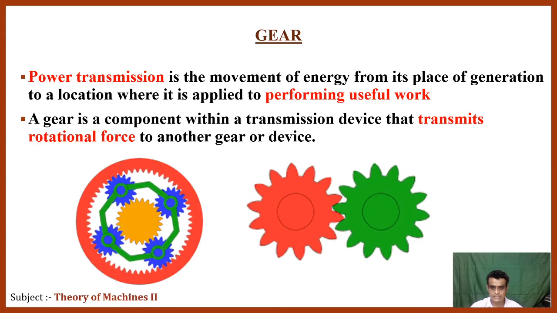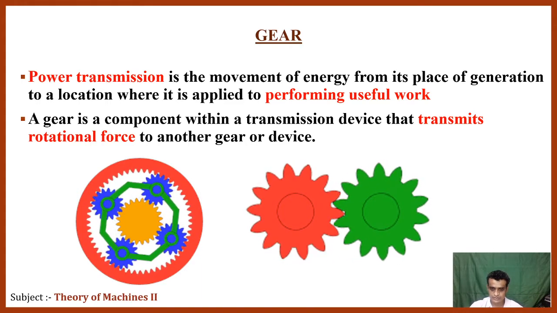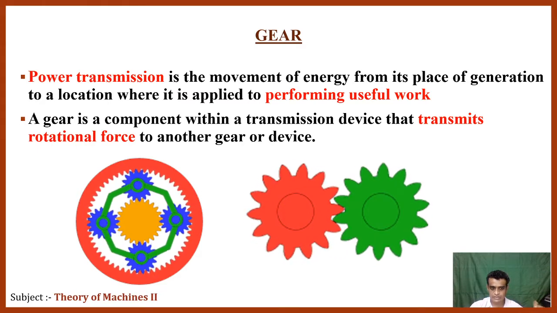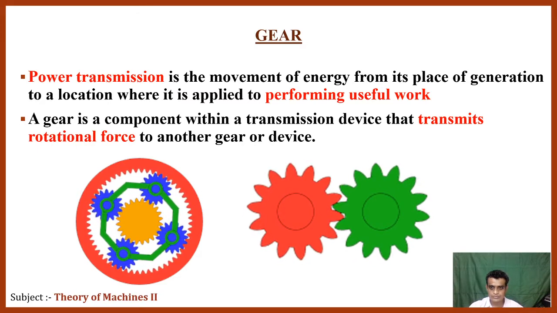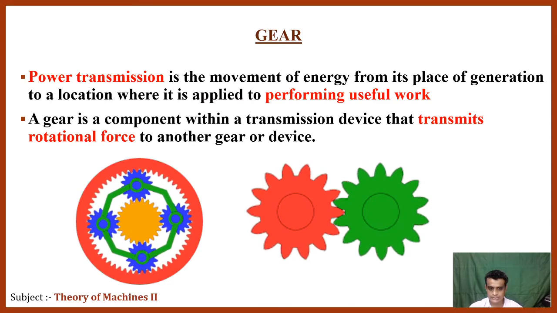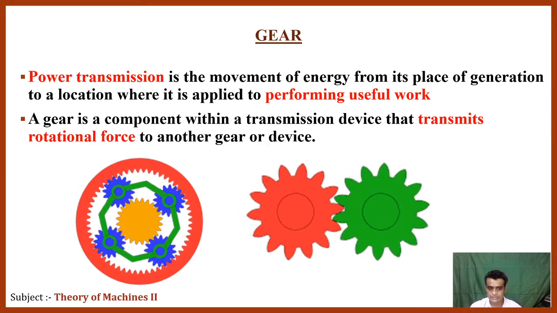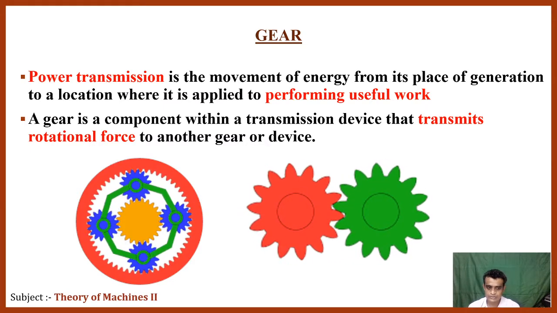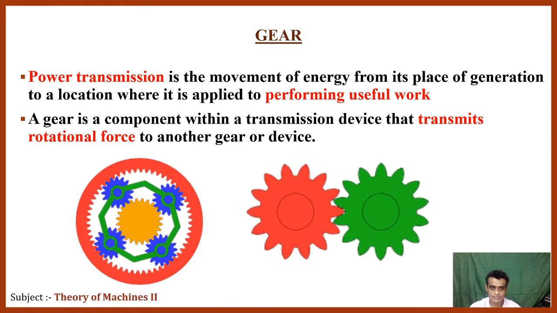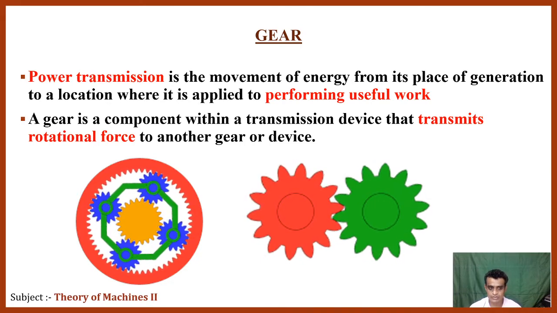For example, in a two-wheeler, power is generated in the IC engine, and our task is to move that power to the rear wheel. The whole system from generation to the power supplied to the rear wheel is part of power transmission, and the gear plays a very important role in it.